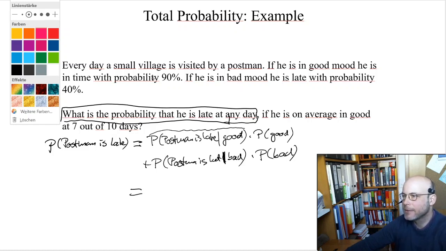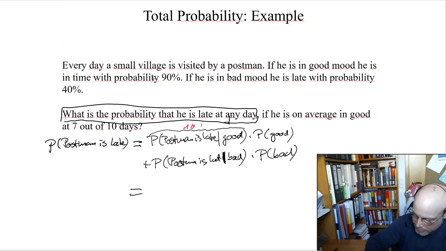Yes, great. Then just the complementary event is 10%, 1 minus 90%, that the postman is late. If in bad mood, then this we directly have.